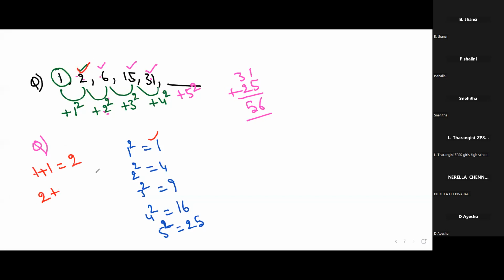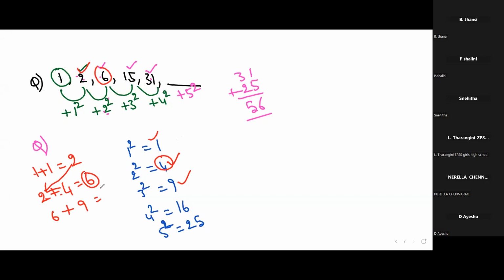Again, you take that number and for that you add this. You get the next number. Again, you take this number, 6. This 2 is coming here. For that, I am adding this next square. Again, for this number, I am adding the next square.